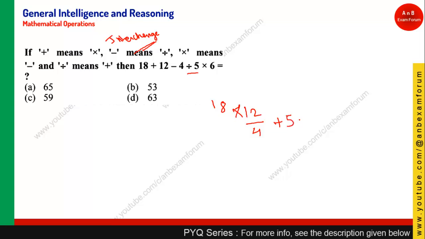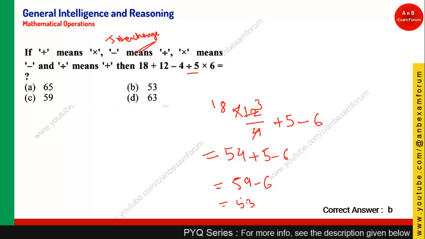And after that multiply by 6, multiply means minus, so minus 6. Okay, so again if you put it like this, it will help you in solving the question, like 4 1s are 4, 4 3s are 12, and 18 multiplied by 3 is 54 plus 5 minus 6. Okay, 59 minus 6, that is 53. Okay, so those who have given option B, well and good, they are right.